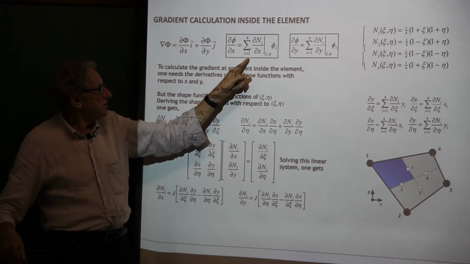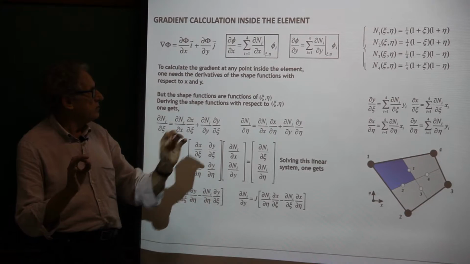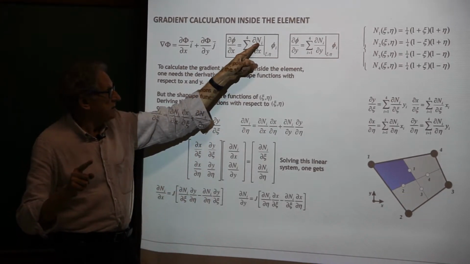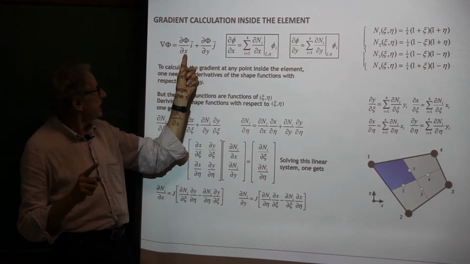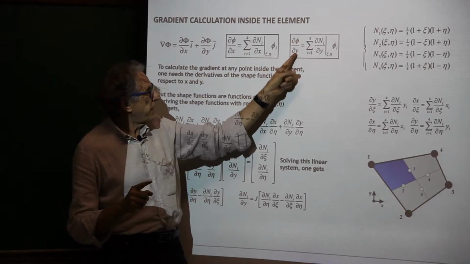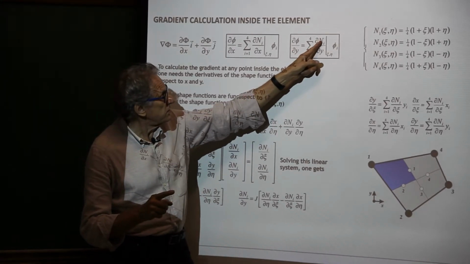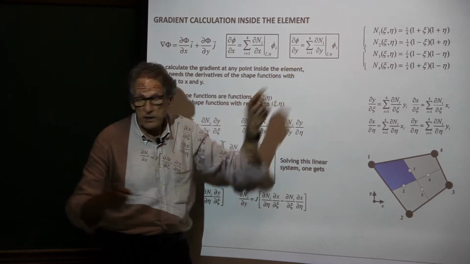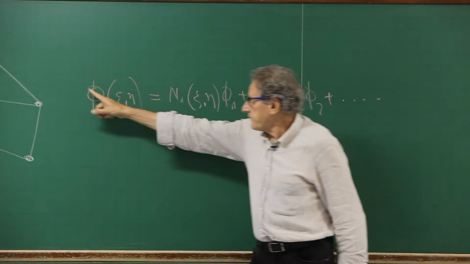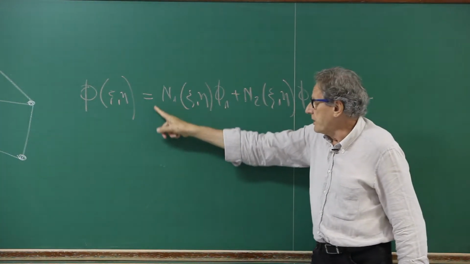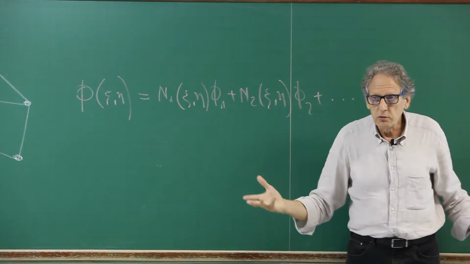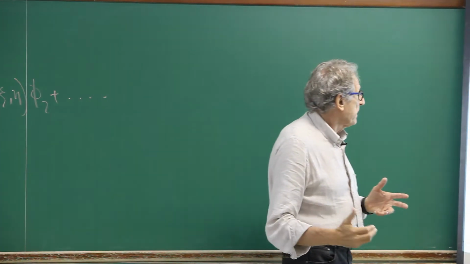It's a summation over the 4 nodes of the derivative of the shape function N related to x times phi. And the derivative of phi related to y is the derivative of the shape functions related to y times phi, the same summation. But instead of having phi, I have the derivative of N1, the derivative of N2, of course, and you find that directly.